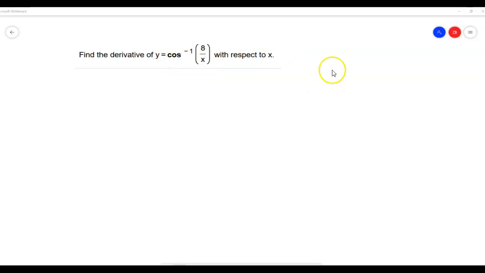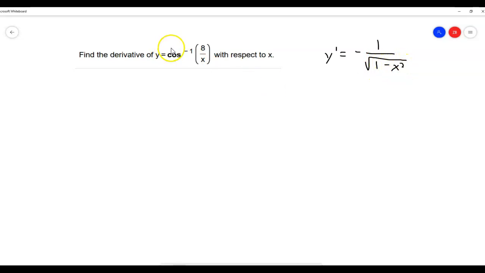The inverse cosine function kind of looks like this. The derivative for the inverse cosine is negative 1 over the square root of 1 minus x squared.